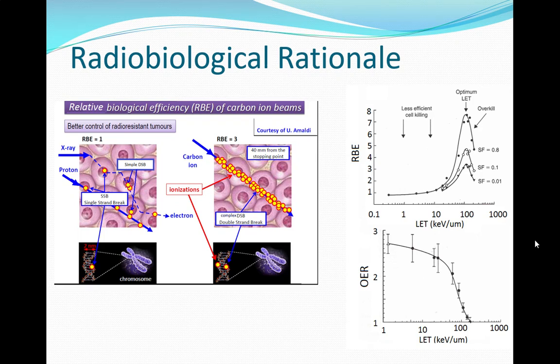I actually have an NIH grant that was just given, that I'm doing with several other places, actually studying the clustering of these breaks and how we can predict dose from that. Because these curves for photons and such, this one is relative biological effect of this versus its energy.